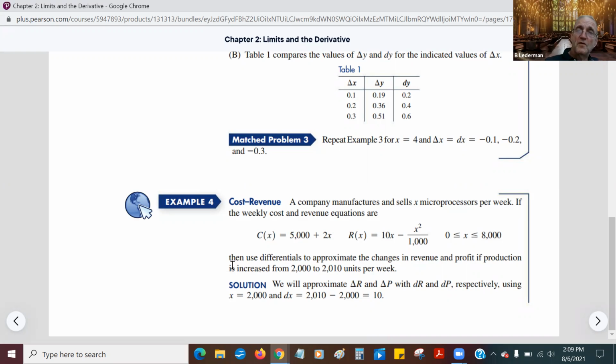Then use differentials to approximate the changes in revenue and profit if production is increased from 2000 to 2010. So if I'm making 2000, I'm going to increase to 2010. That's going to change the revenue and the profit. Just because the revenue goes up doesn't mean the profit's going to go up.